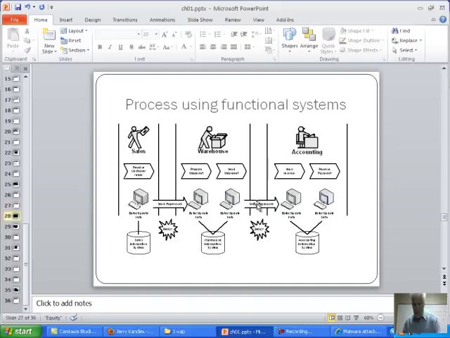So, reliance on technology. Now here's a diagram where each of these functional areas has its own database. They have their sales information system, the warehouse information system, the accounting information system. This did help some, but there are still delays because whatever is in one has to be translated into the other.